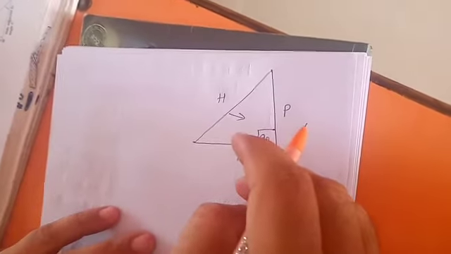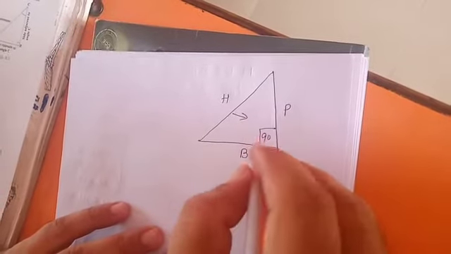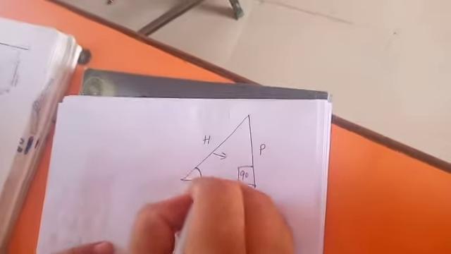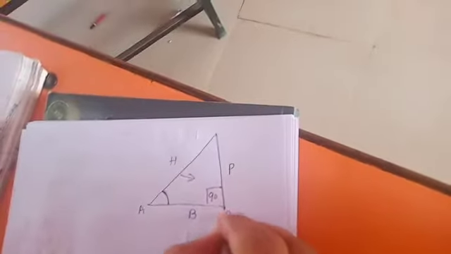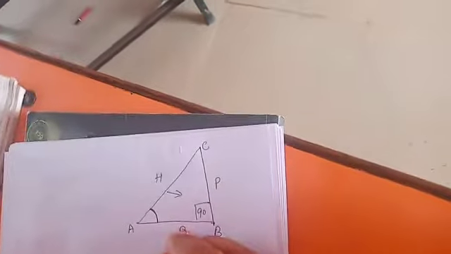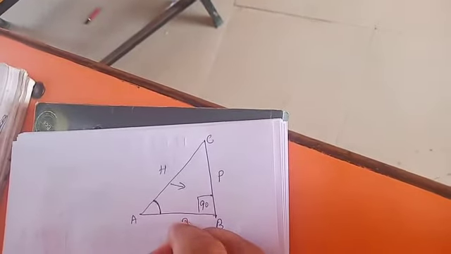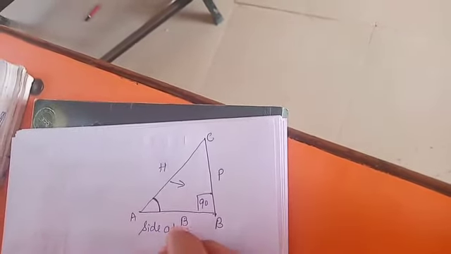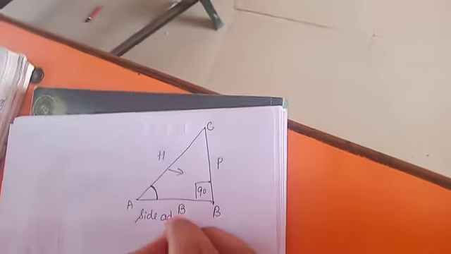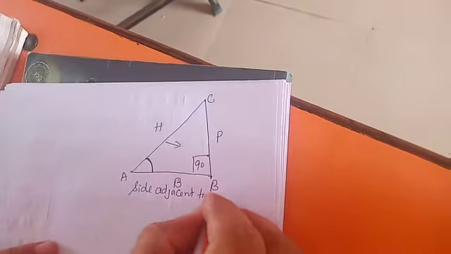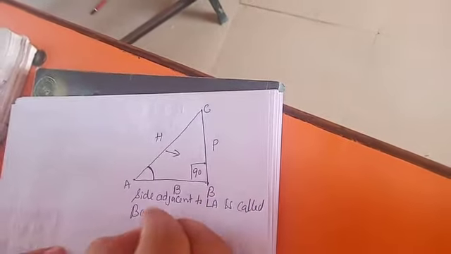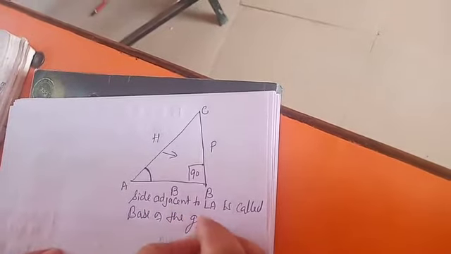If this acute angle A is formed, then the base is this. The side adjacent to angle A is called the base of the given triangle.